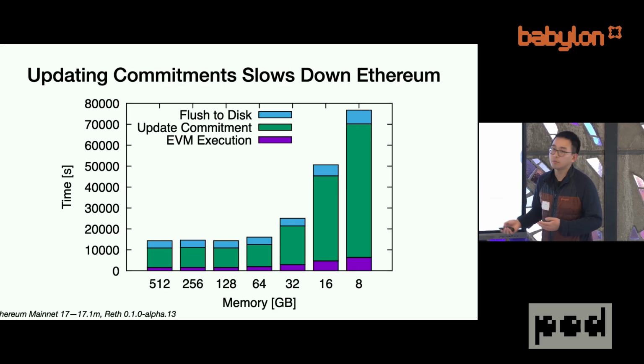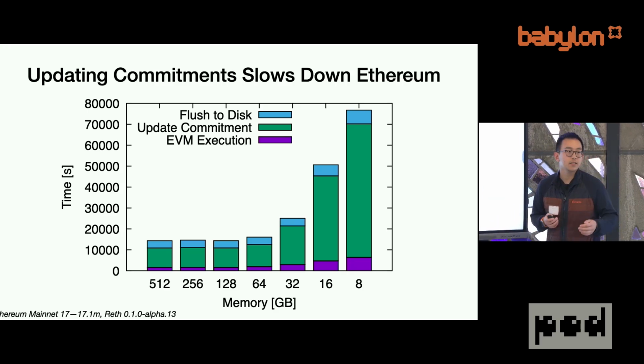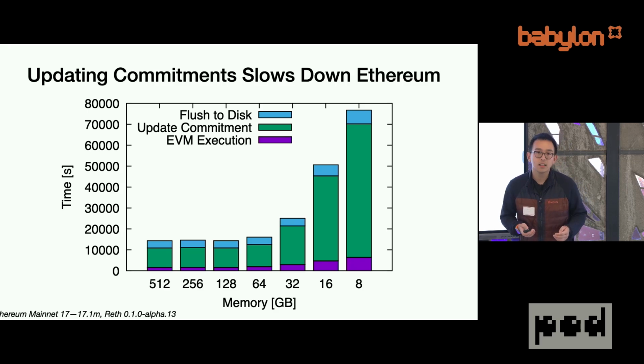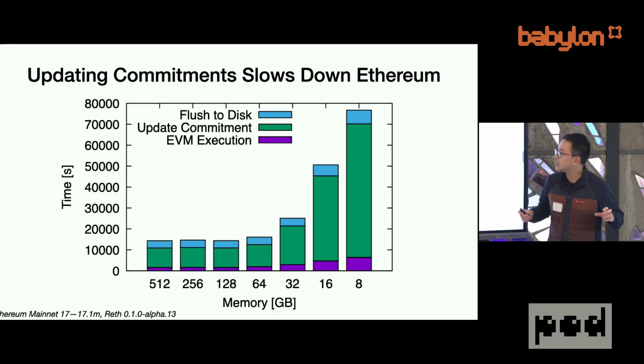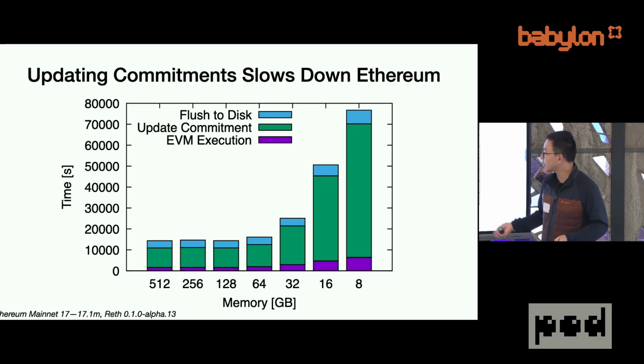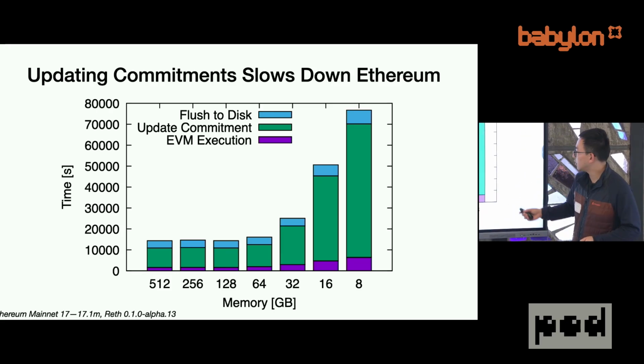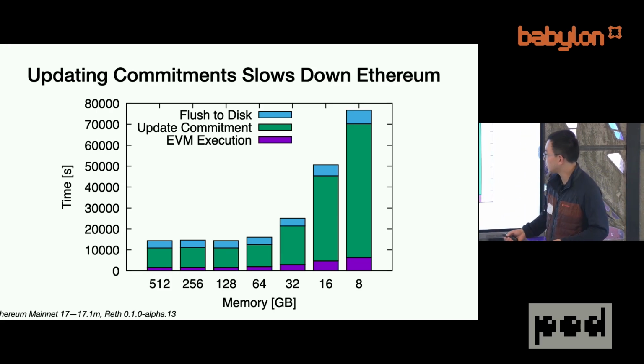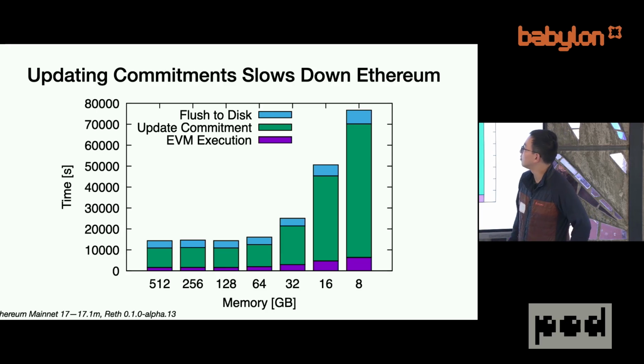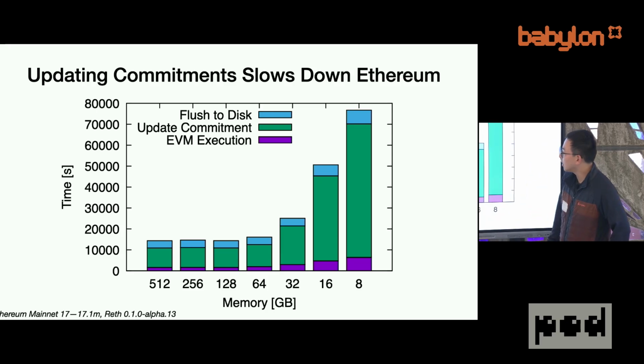maintaining those state commitments, or updating those AKVSs when you update the underlying state, is actually pretty costly. So what you're looking at here is a bunch of benchmarks we did. On the x-axis, we vary the amount of memory available to a Rust Ethereum execution client when it's running through, I think, 100K Ethereum mainnet blocks.